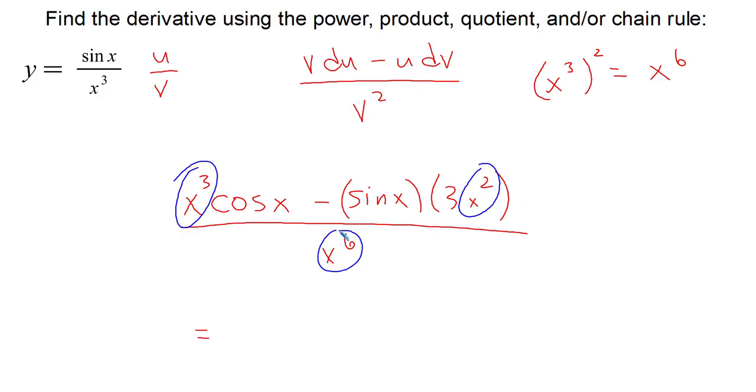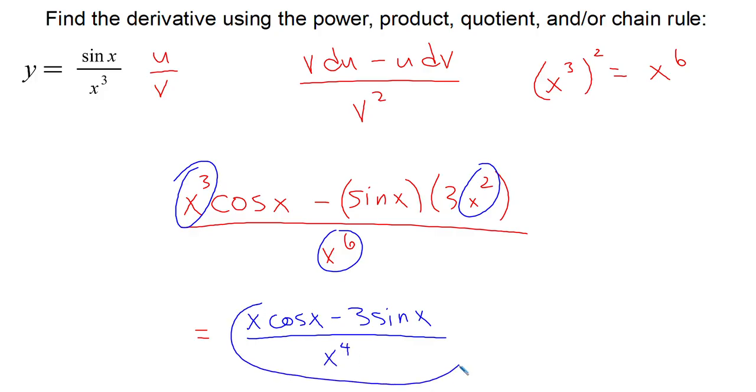We can at least divide them all by x to the 2nd power. So that'll leave us with x cosine x minus 3 sine x. And since we divide them both by x squared, we'll drop that power from x to the 6th to x to the 4th. So our final result is x cosine x minus 3 sine x over x to the 4th.